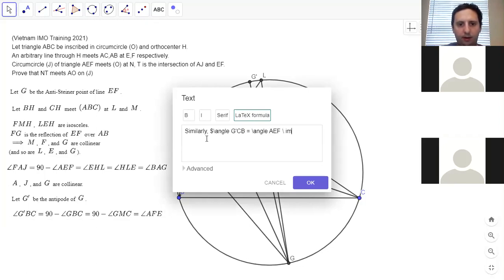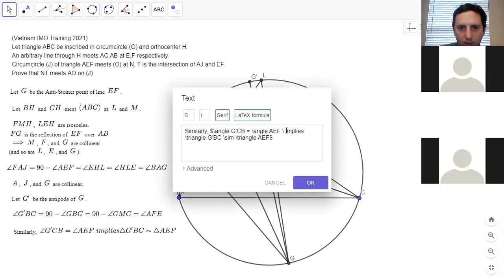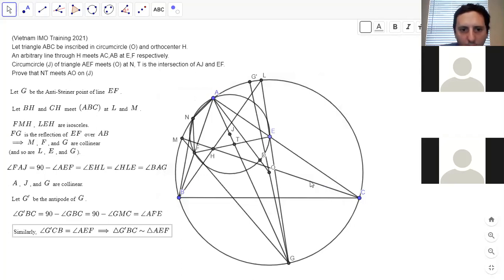That means that triangle G prime BC is similar to AEF, or AFE.